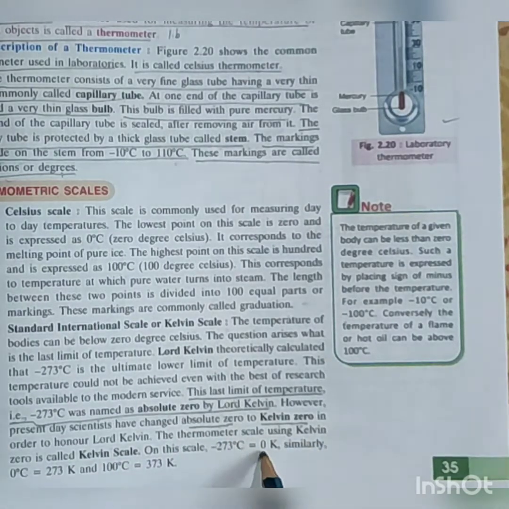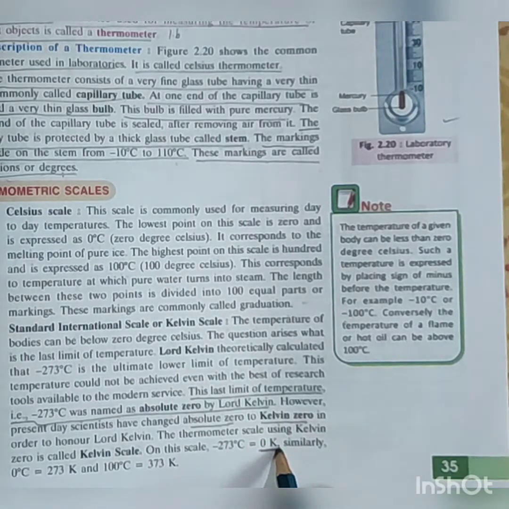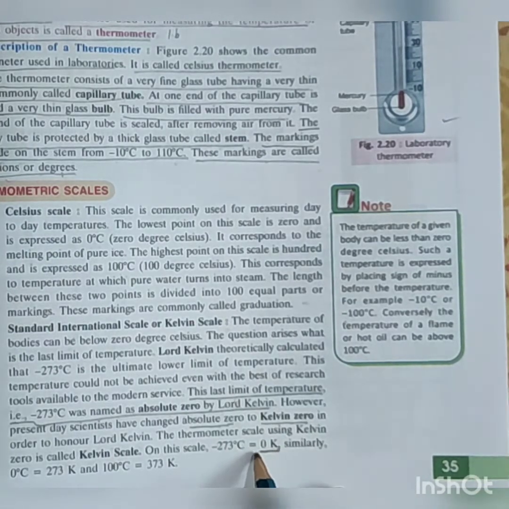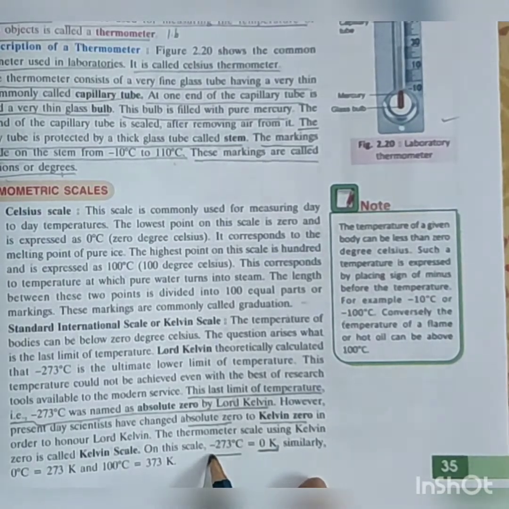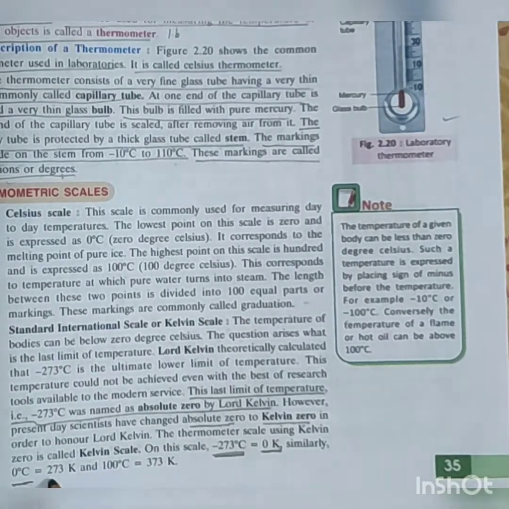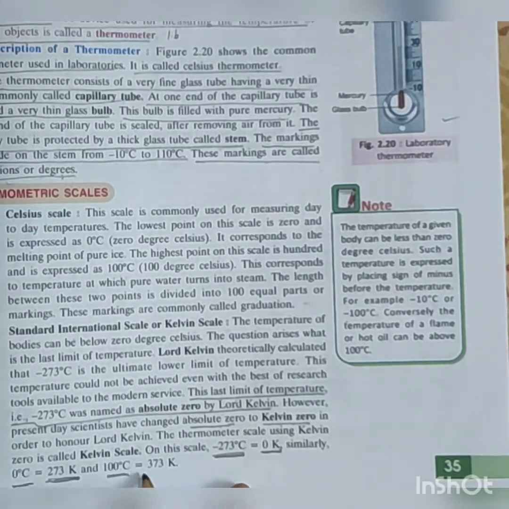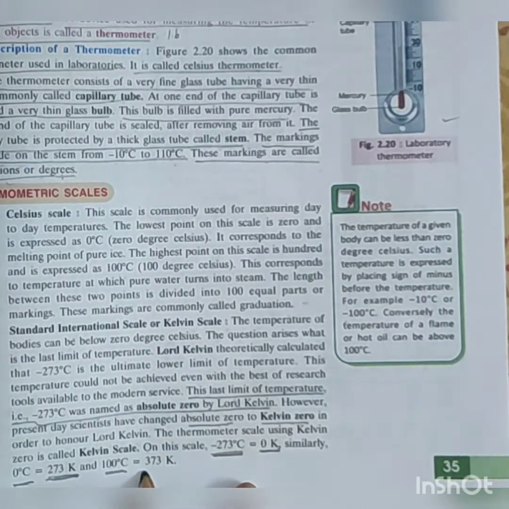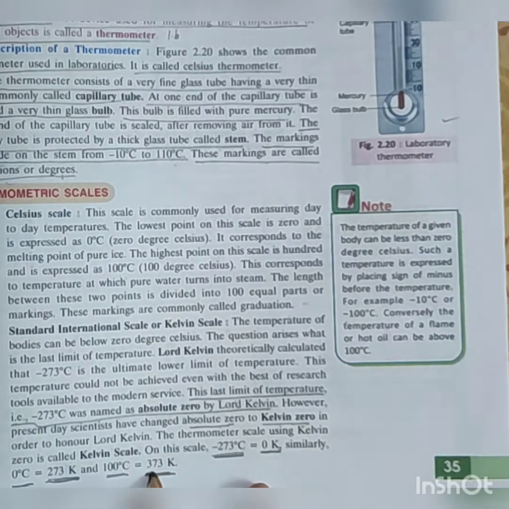So what is Kelvin zero? 0 K. Please observe that no degree sign is given, so be careful about that. 0 K equals minus 273 degrees Celsius. That means 0 degrees Celsius equals 273 Kelvin and 100 degrees Celsius equals 373 Kelvin, just by adding these values.